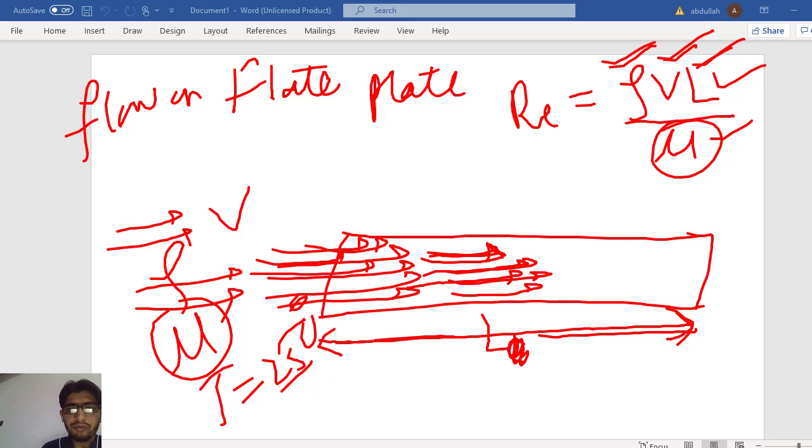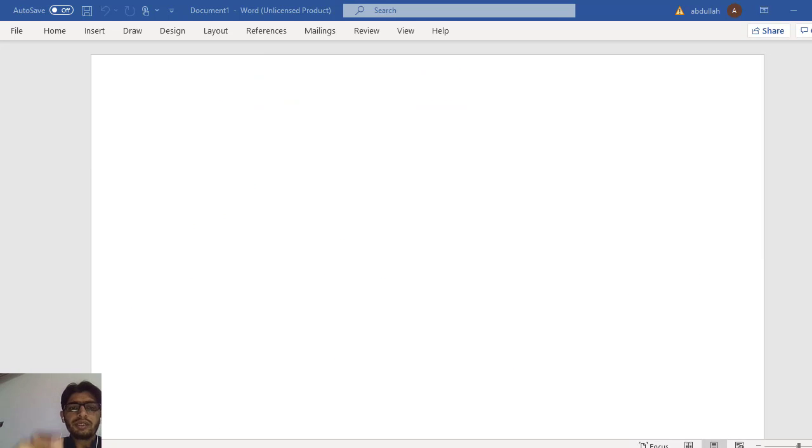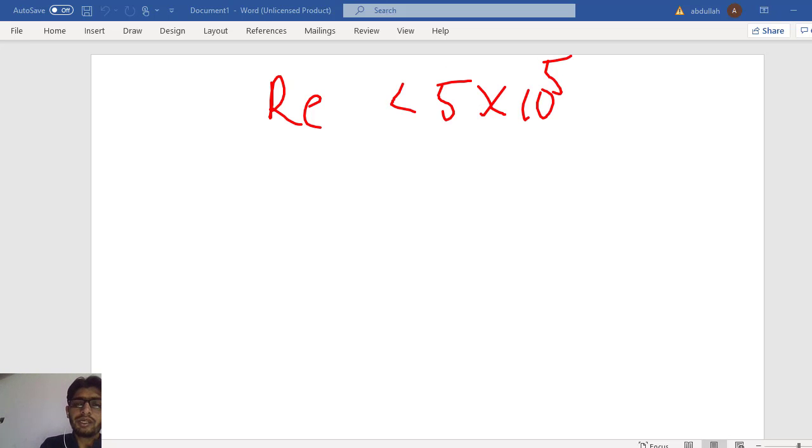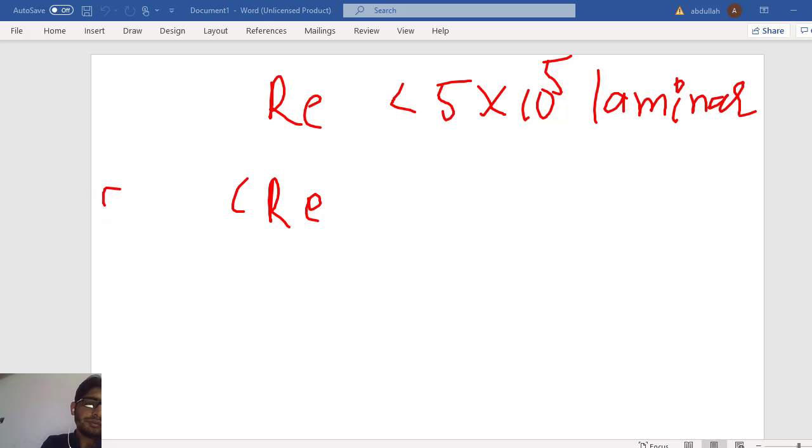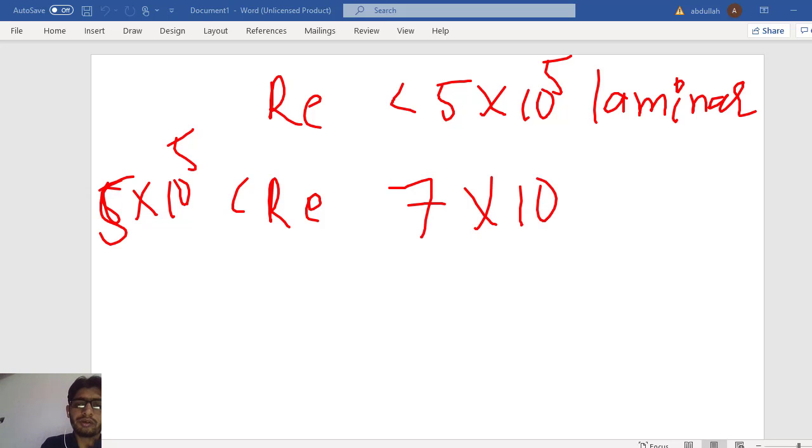Now for external flow, when the Reynolds number is less than 5 multiplied by 10 raised to the power 5, then the flow will be laminar. When the Reynolds number is between 5 multiplied by 10 raised to the power 5 and 7 multiplied by 10 raised to the power 7, then the flow will be in the transition range.